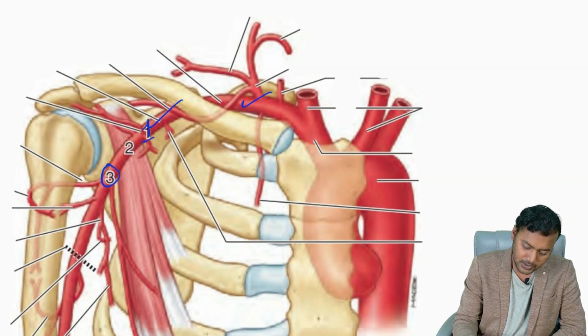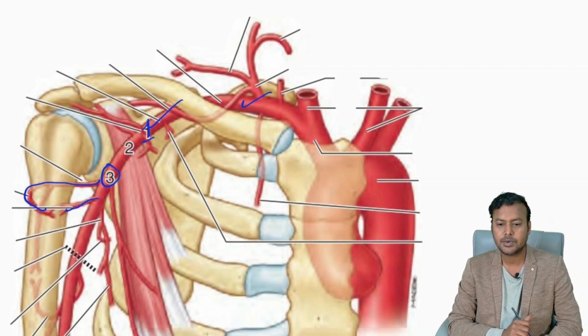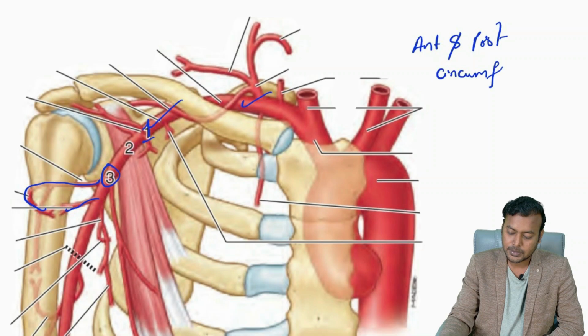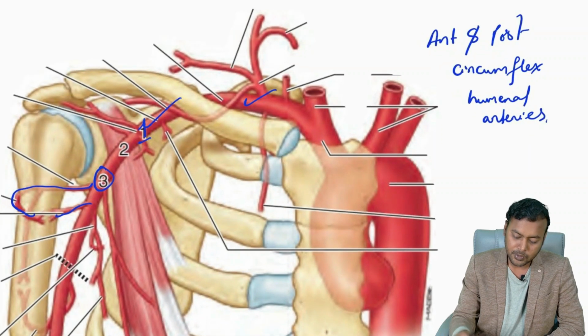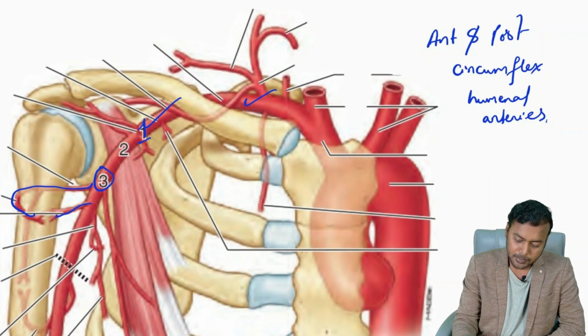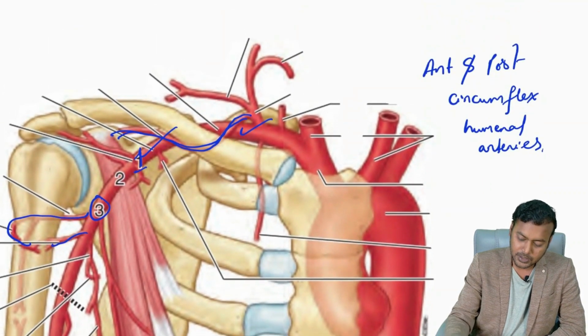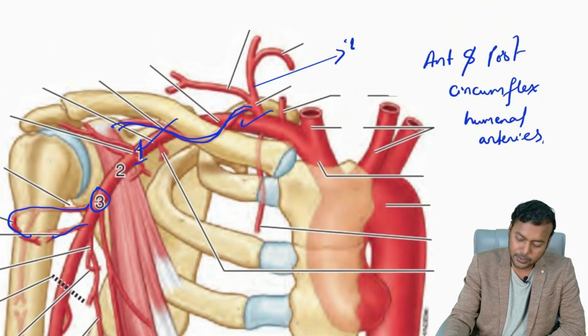So from this third part, we have these two branches arising, the anterior and the posterior circumflex humeral arteries. Apart from that, you have this branch, the suprascapular artery. This is coming from the thyrocervical trunk. So here you can see the thyrocervical trunk.